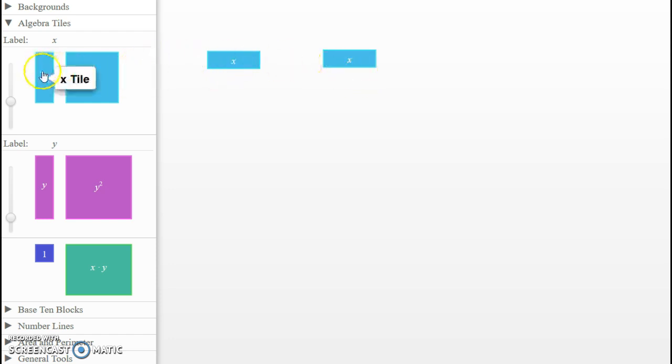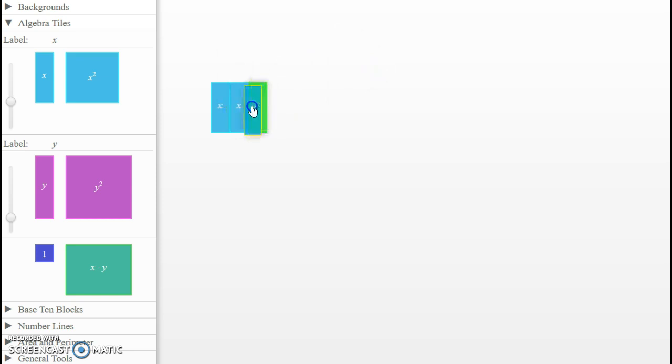Then I have x plus x plus x plus x. I'm just going to move these closer together here. So I've got 4 x's, which is always the same as 4x. Then we have 3x plus 2.